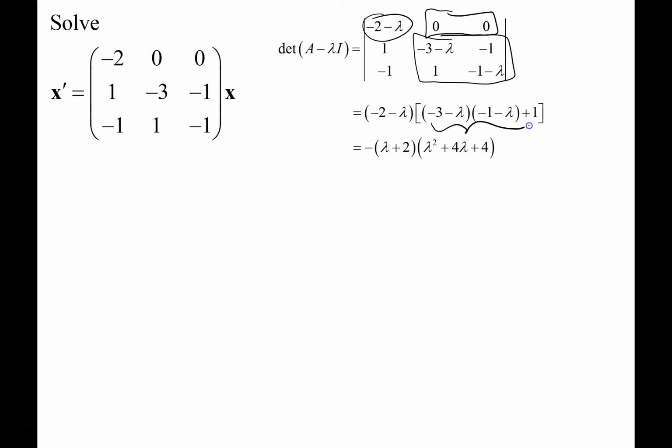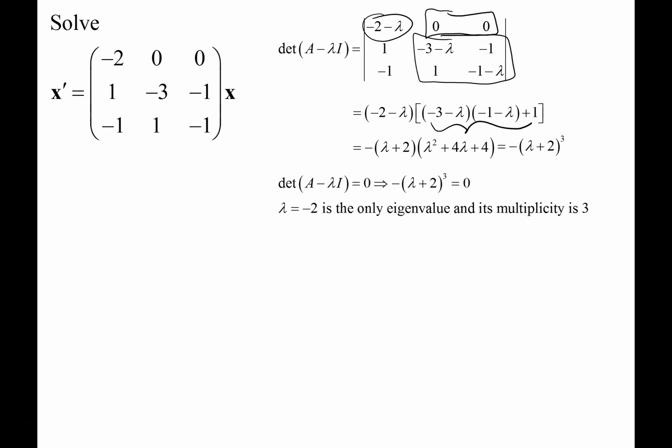Altogether, this will combine to be lambda plus 2 quantity squared, another lambda plus 2. So we get lambda plus 2 quantity cubed, officially with a negative on it. And therefore, negative 2 is an eigenvalue with algebraic multiplicity 3.